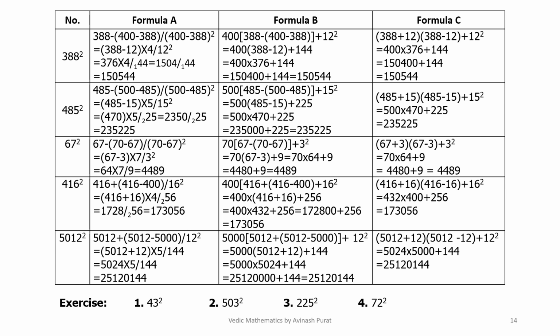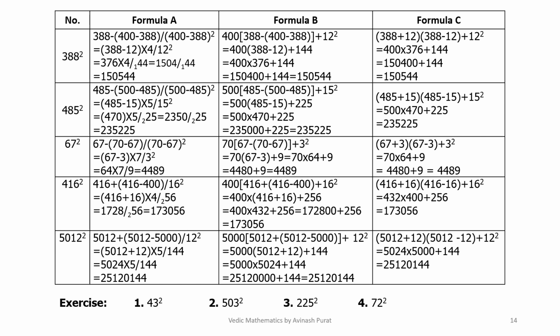388 square, first formula: 388 minus (400 minus 388) stroke (400 minus 388) square, that is 388 minus 12 multiplied by 4, base is 4 into 100, stroke 12 square.